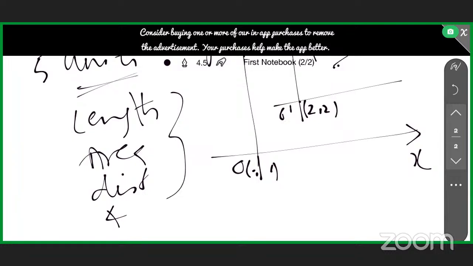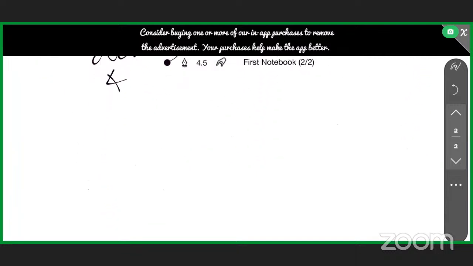So therefore, the distance remains the same. Let us see the next question.